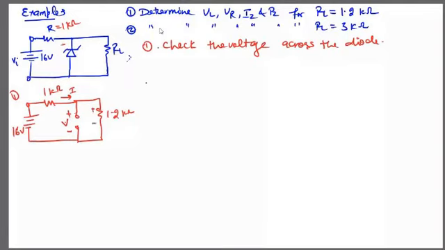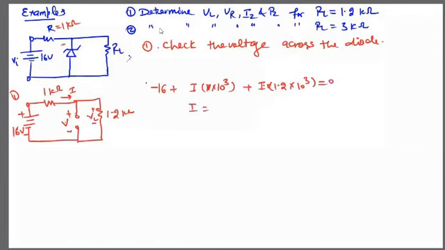So we'll calculate the value of this current I. Applying the loop equation: minus 16 plus I into 1 into 10 raised to the power 3 ohm, plus I into 1.2 into 10 raised to the power 3 ohm equals 0.